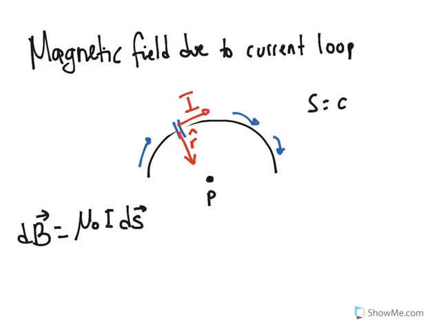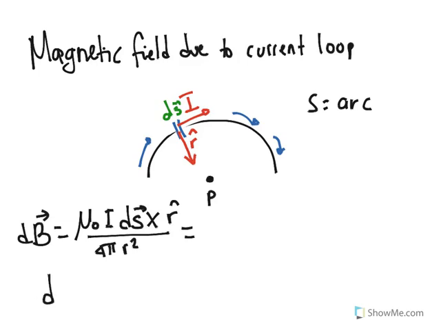So S, remember, is an arc, in a cross product with the unit vector r over 4π times r squared. And in this sense, ds, which is the small piece of this arc, has the direction of the current, and the angle between the current and the unit vector r is 90 degrees.